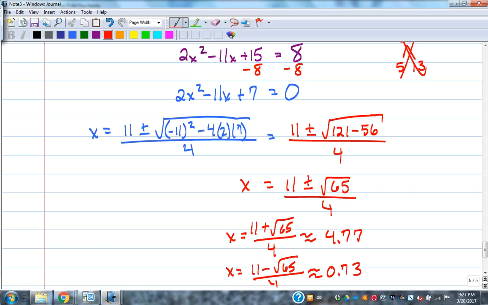So I would check those rounded decimals there in the original to try and see if one of them turned negative.